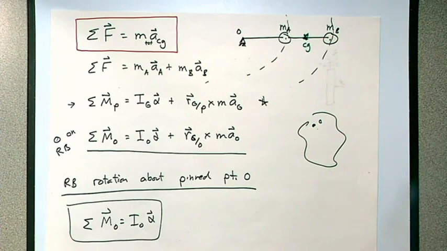We're left with two terms, alpha cross R and omega squared R. You think like, hey, I've seen these before, right? This is circular motion. That is a perfect circle about point O. Point G is just spinning around and around in a circle.